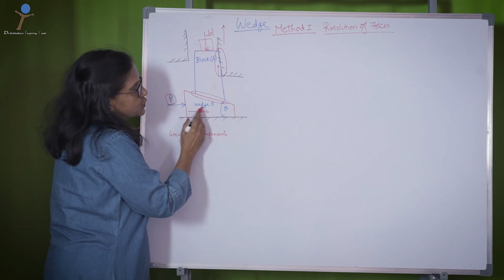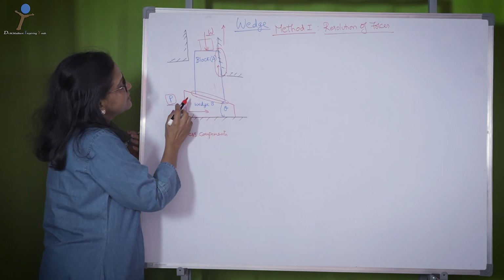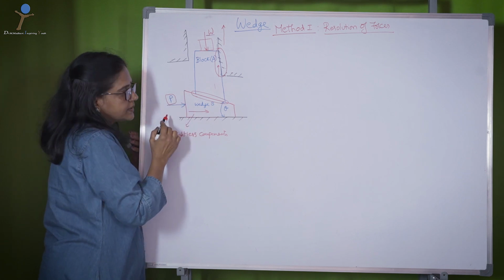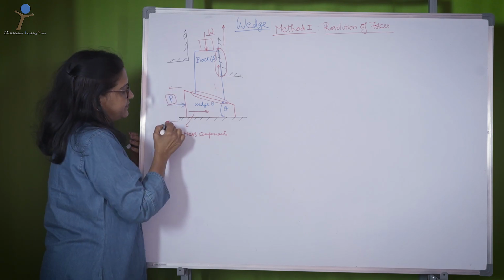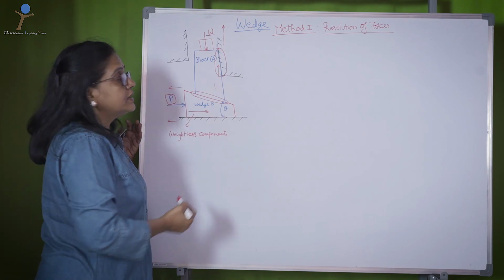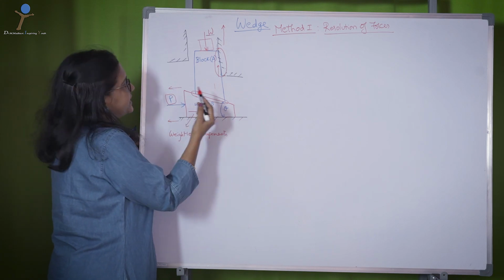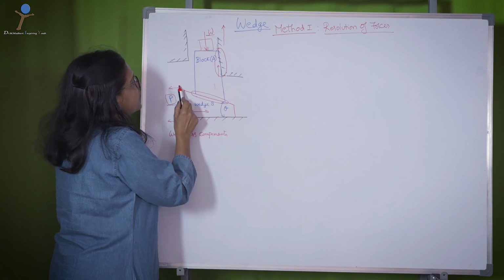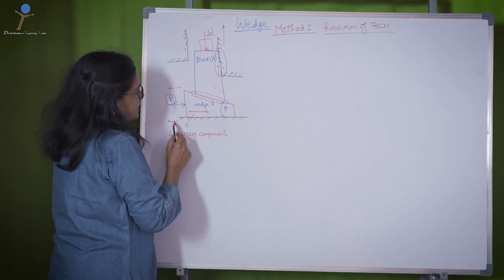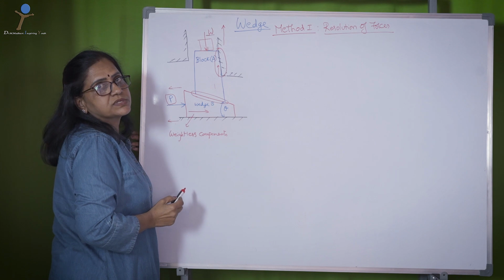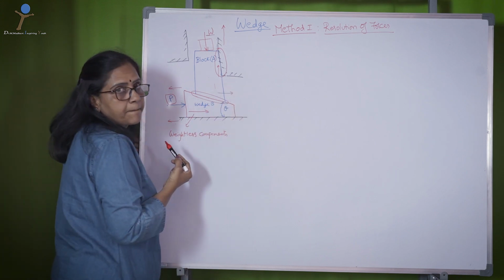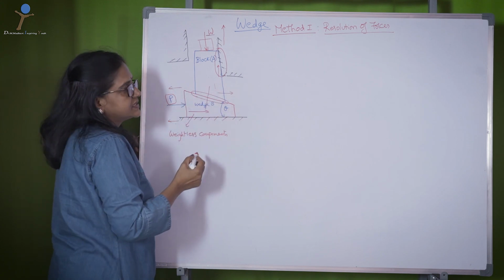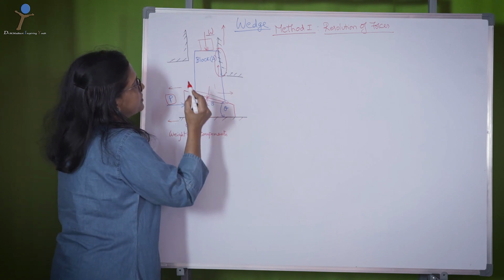As the wedge is moving towards right, the frictional force on the wedge at the top and at the bottom will be in leftward direction. So, for equilibrium condition, the frictional force on the block at the contact surface will be opposite to the wedge frictional forces, and the normal reactions are also equal and opposite to each other.